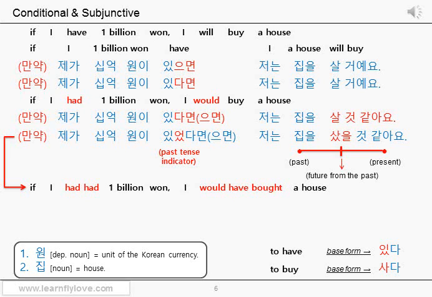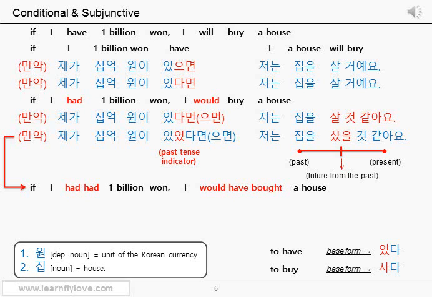Then let's take a look at this as one sentence together. 만약 제가 10억 원이 있었다면 in the past 저는 집을 샀을 것 같아요. At some future point from the past before the present, which is still the past. Do you get it? So, like I said earlier, this sentence can actually be the translation of the third English sentence.